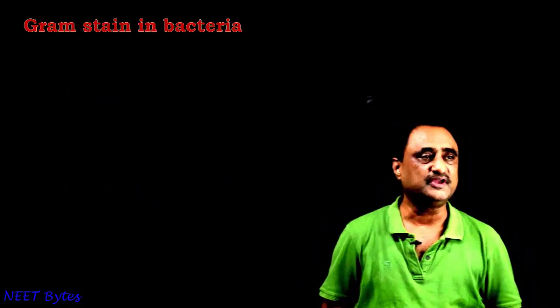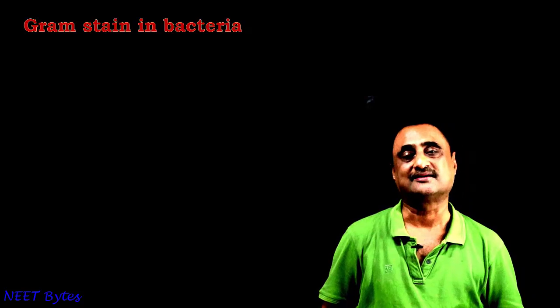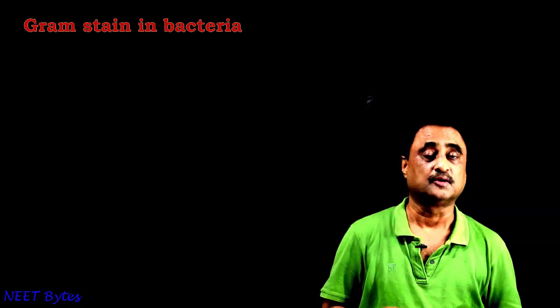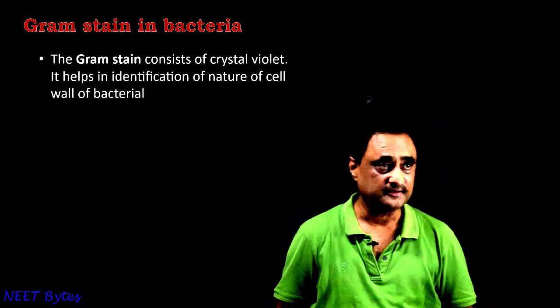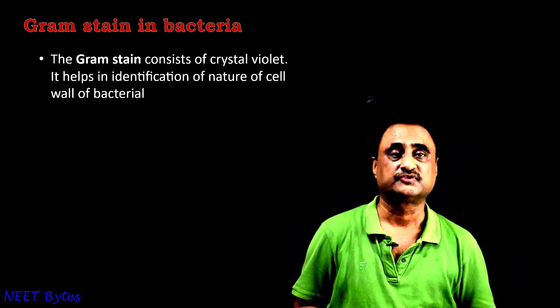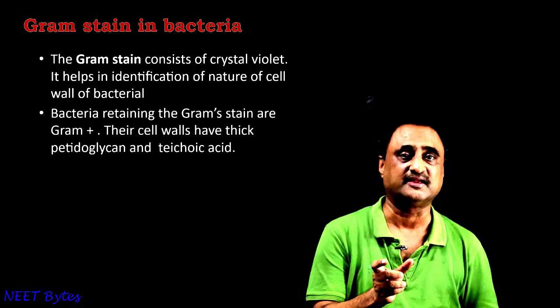Another very important aspect in the bacterial cell wall is the stain, the most popular stain, what we call gram stain. Now, what is gram stain? Gram stain consists of crystal violet. Basically, it helps in identification of the nature of the cell wall of the bacteria.